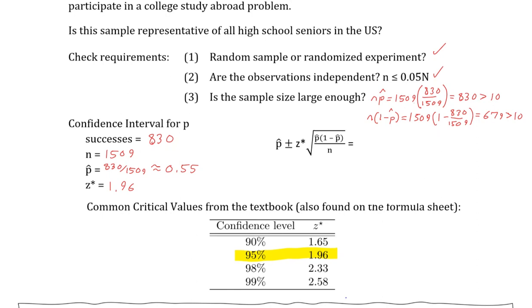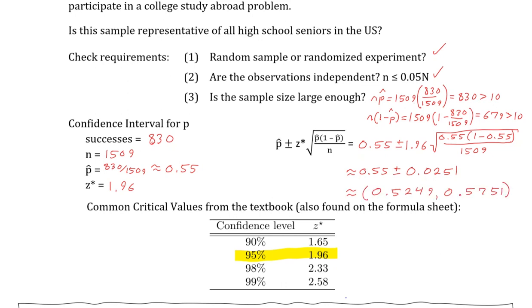With all of those determined, we can use the formula for confidence intervals, p hat plus or minus the z-score times the square root of p hat times 1 minus p hat divided by n. Plug those values in accordingly. If we find the margin of error first, which I highly recommend, we would find 0.55 plus or minus about 0.0251, which results in a confidence interval of 0.5249 up to 0.5751.